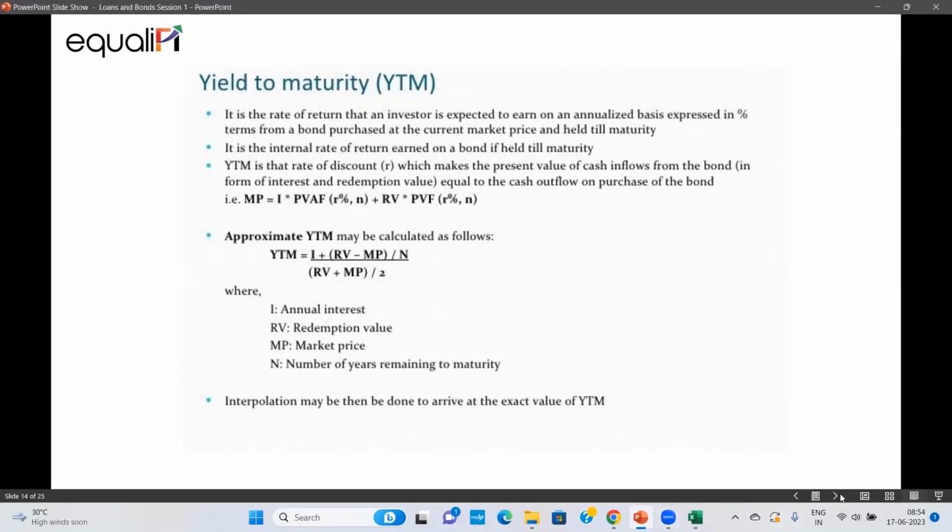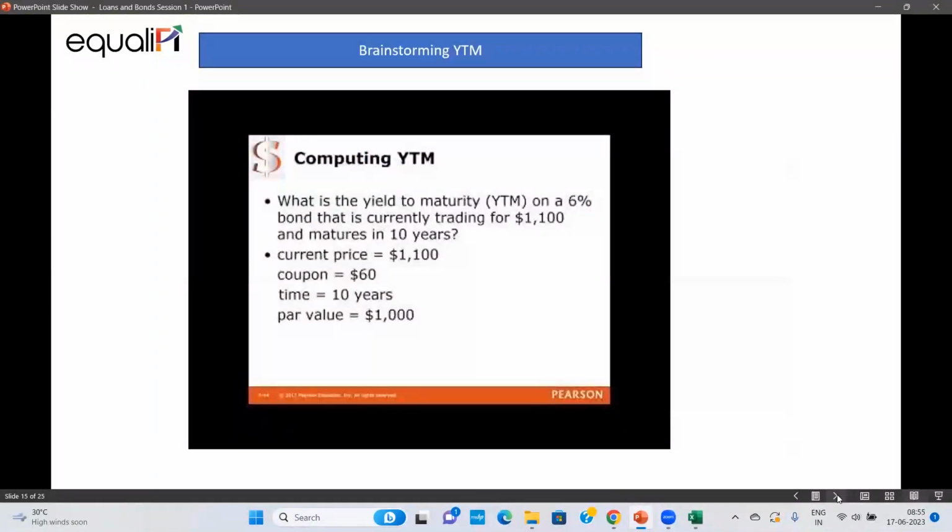N is 10 years. So the values are close. Somebody got 4.725 and 4.76.